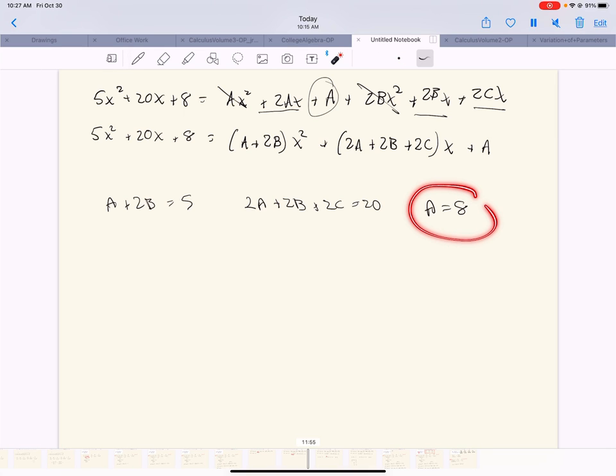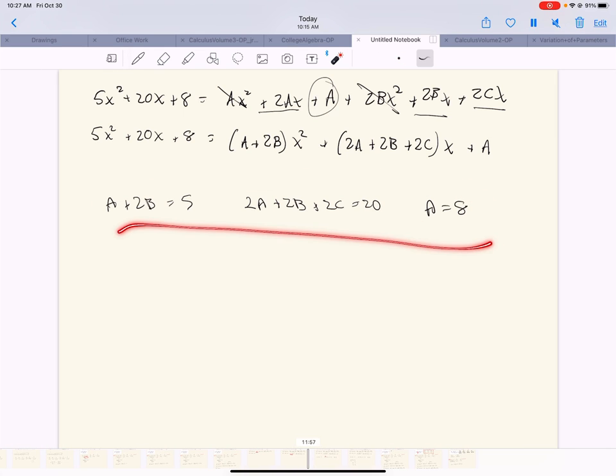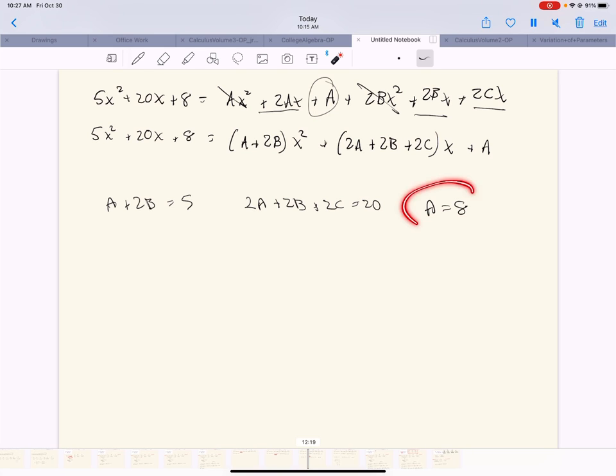Now that we know a is 8, this is a system of 3 equations with 3 unknowns, but it's not really. The middle one has 3 unknowns, we have one with 2 unknowns, and we have a single one that already has the value set. Once I know that a is 8, I can substitute it in and solve for b.